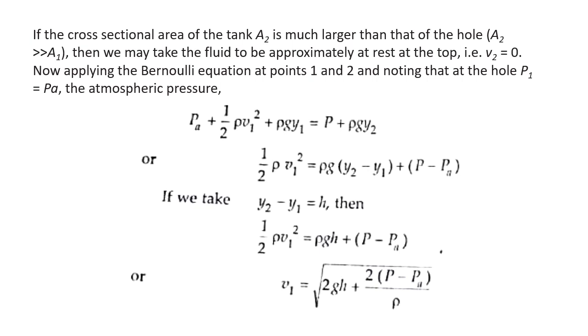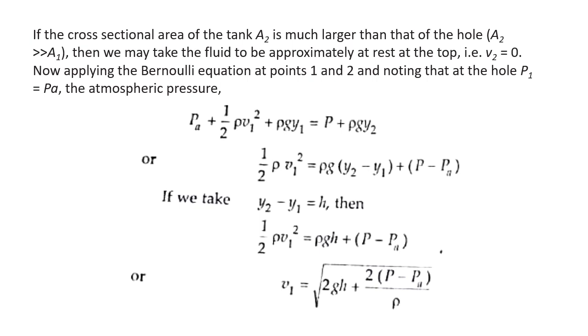Now, by applying Bernoulli's equation at points 1 and 2 and noting that at the hole, pressure P1 is equal to atmospheric pressure denoted by PA. So, PA plus half rho V1 square plus rho g y1 equals P plus rho g y2, or half rho V1 square equals rho g into y2 minus y1 plus P minus PA.